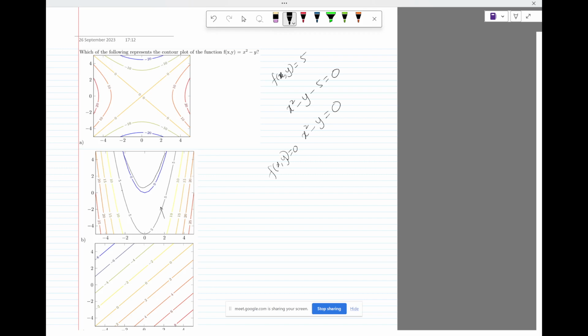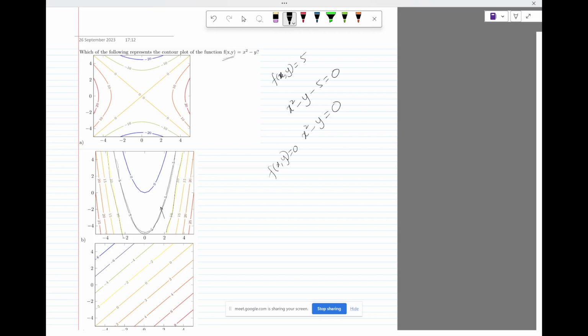What the contour plot represents is the values of x, y for which the f of x, y value remains the same. So at all these points of x comma y, f of x, y is equal to 0. For all these points, f of x, y equal to 5. For all these points, f of x, y is equal to 10.